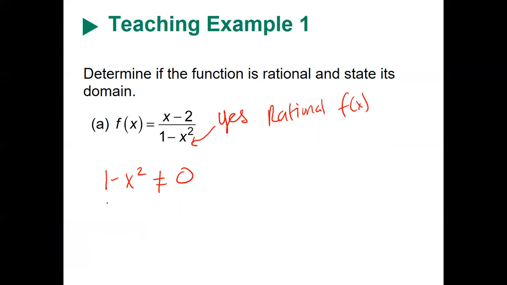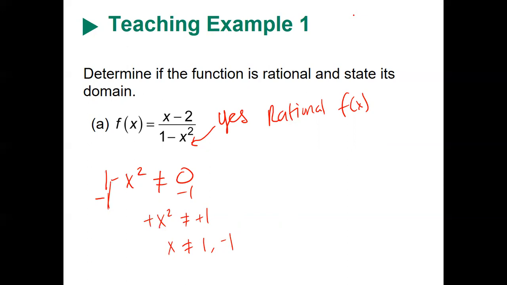I'm going to subtract 1, and we're left with negative x squared equals negative 1. We divide. So we know that x cannot equal positive 1 or negative 1. So our domain is x cannot equal positive 1 or negative 1.